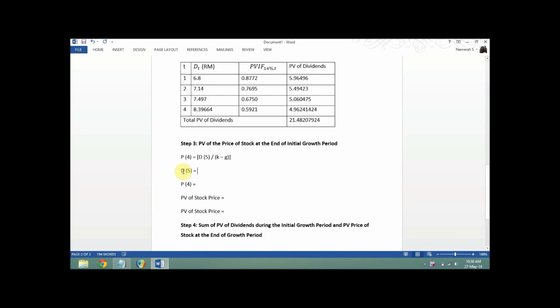Now to calculate the dividend in the fifth period, we will use the dividend in the fourth period in the table multiplied by the growth rate, which was 10%.